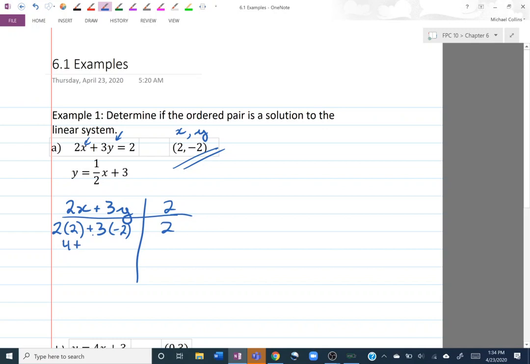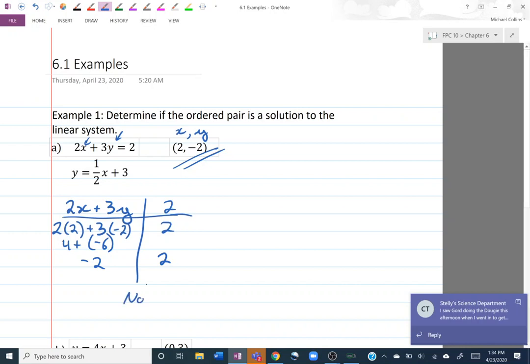Plus 3 times negative 2 is negative 6. 4 plus negative 6 is negative 2. And then the right-hand side is 2. Since the left-hand side does not equal the right-hand side, this is not a solution.